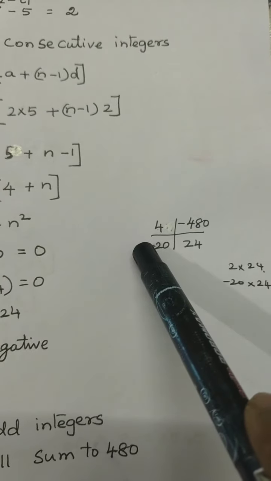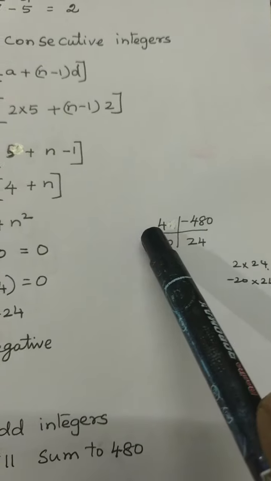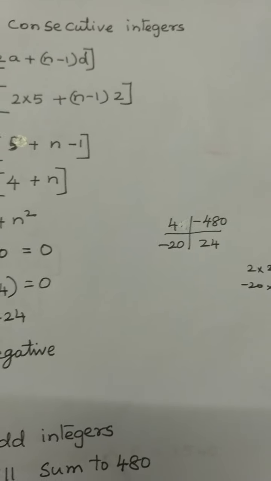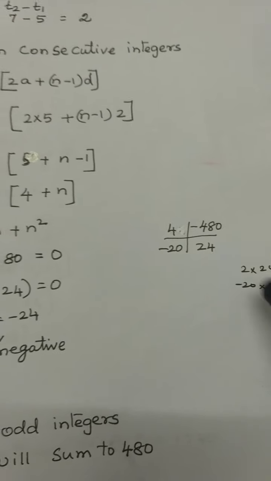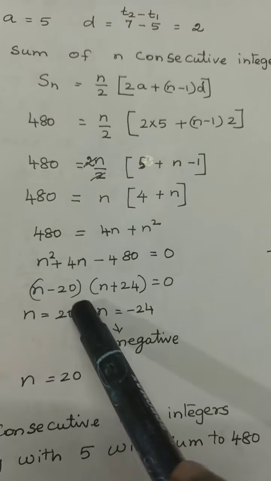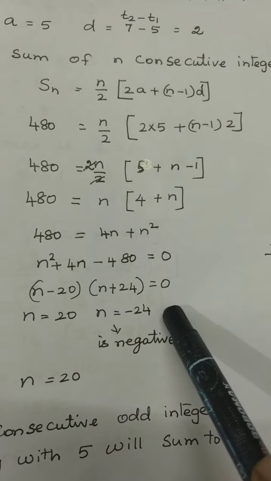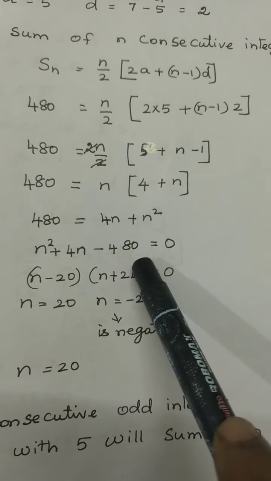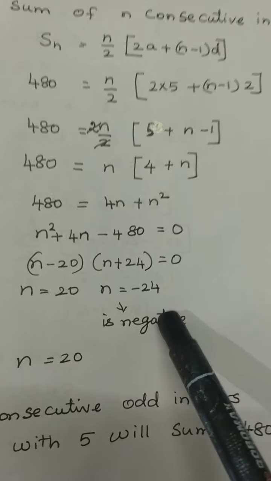Then we have to get plus 4, so we write the negative sign for the smaller number. So minus 20, plus 24. So n minus 20, n plus 24 is equal to 0. Then n is equal to 20, and n is equal to minus 24.